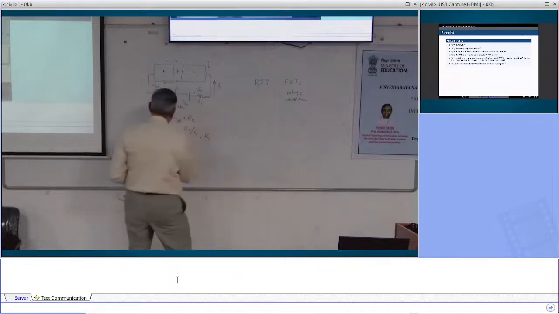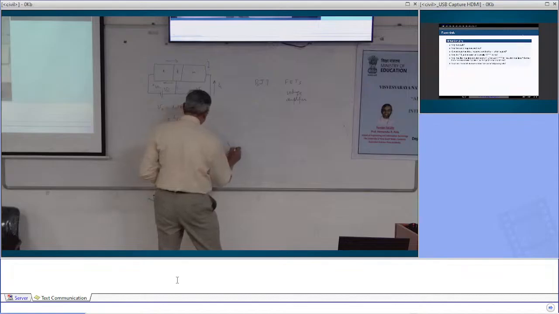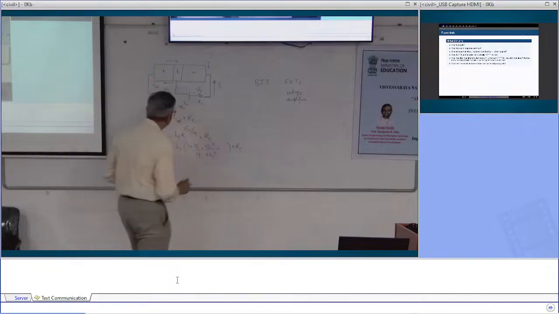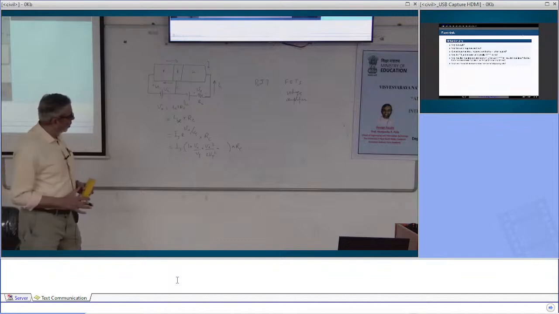So we can do it this way: IS, 1 plus Vi over VT, plus Vi square. No harm done?